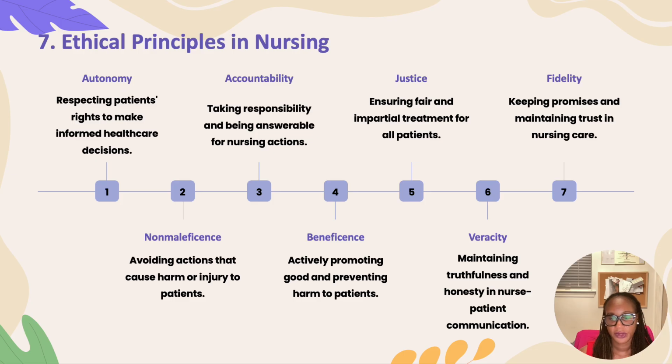Telling the truth is veracity, so examples include informing a patient honestly about a diagnosis. And then fidelity is keeping one's promise, staying loyal, so this is following through on a commitment to call a patient's family.